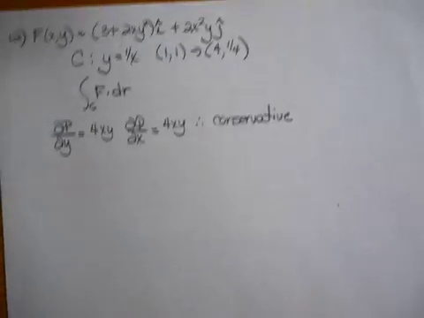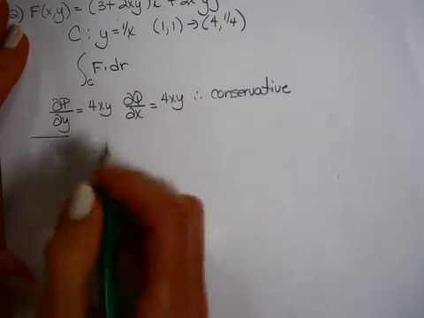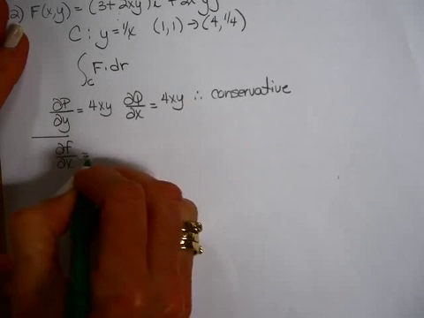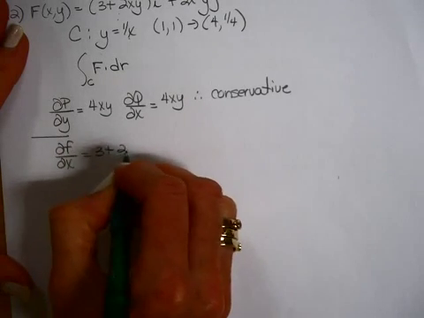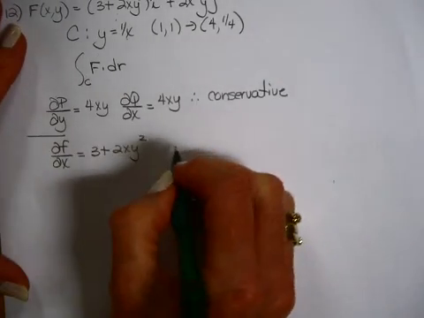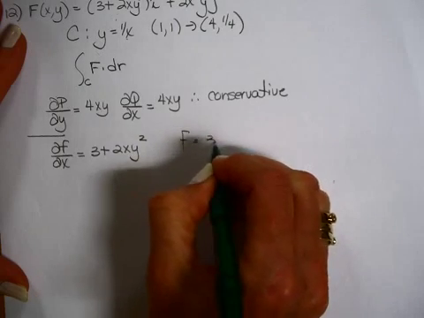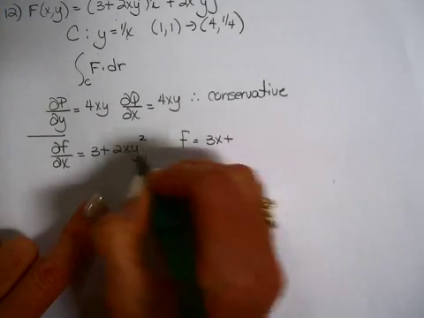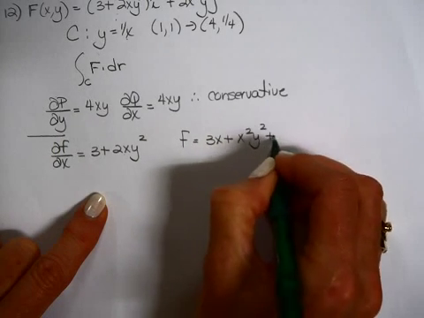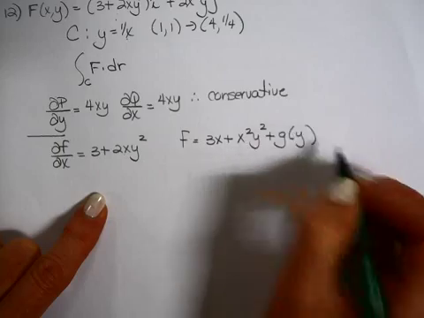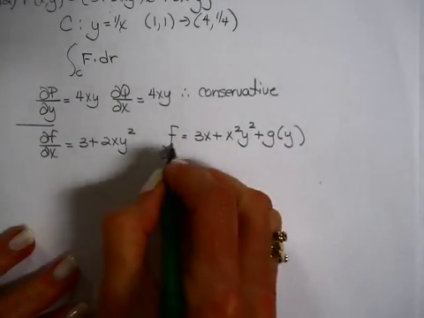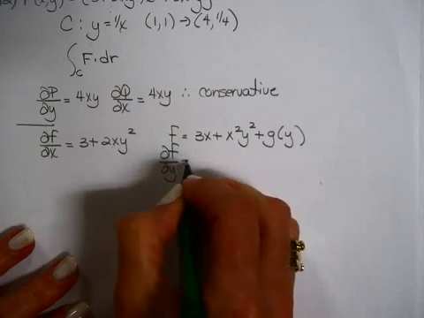So now find your function f. So go through all those steps we did a minute ago. The partial of a function with respect to x is 3 plus 2xy squared. Integrate. So f is 3x plus 2x squared divided by 2, so that's going to be x squared y squared plus a function of y. Take the partial of this with respect to y.